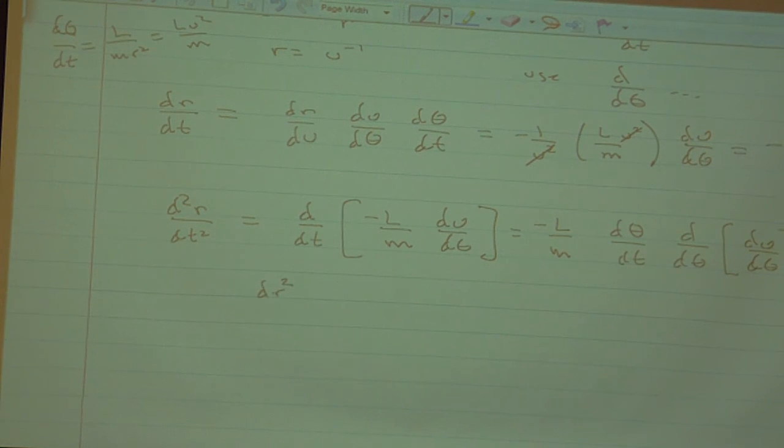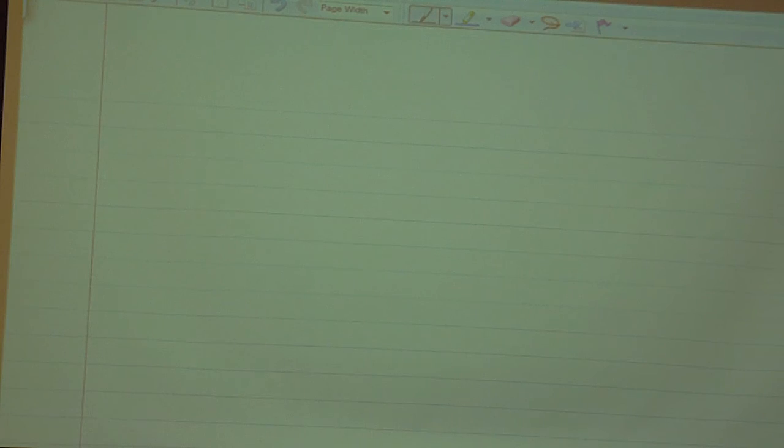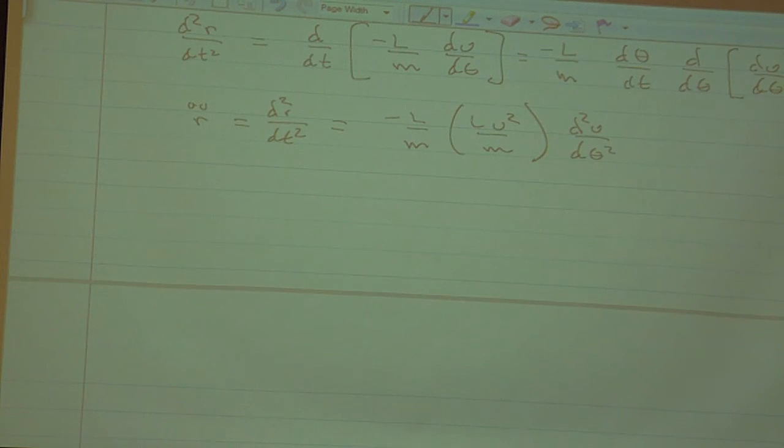So d²r/dt², which is otherwise known as r double dot, is equal to minus L over m, L u squared over m, second derivative of u with respect to θ squared. So that's equal to minus L squared u squared over m squared d²u/dθ².